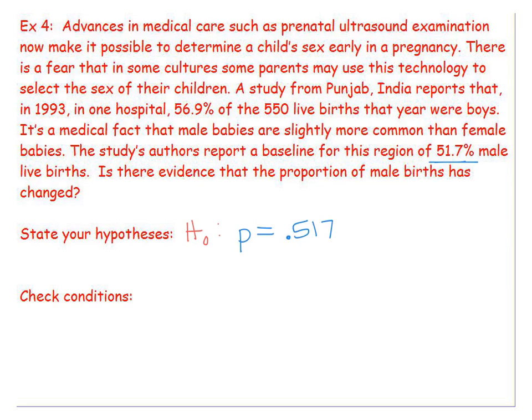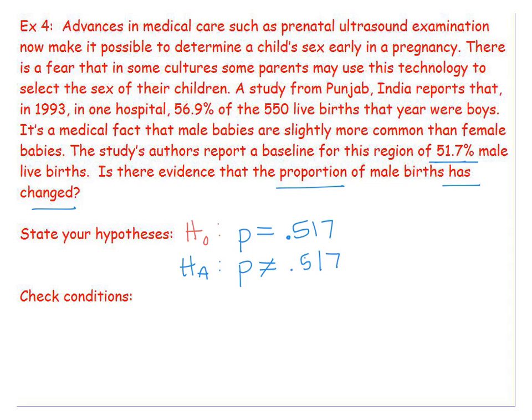Now, if you notice, the question is asking, is there evidence that the proportion simply has changed? It didn't say go up, it didn't say go down, it simply says has changed. So that means that our alternative hypothesis is the two-sided one. We're going to use the not equal to. In other words, it's simply not what we are proposing of 0.517. So we'll see how this is different in the math in just a little bit.